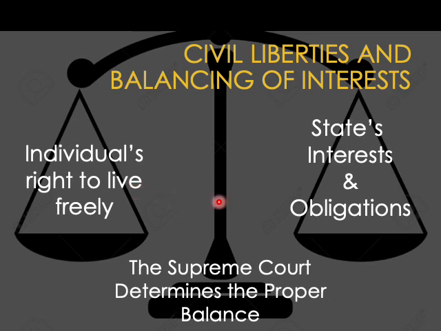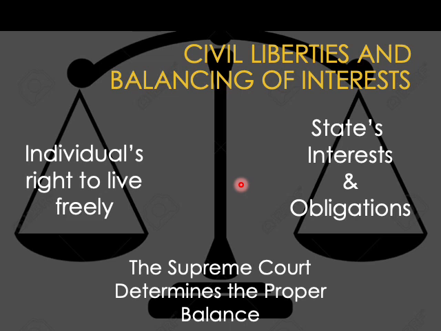And so civil liberties in a democratic society must be balanced against the role that the state plays in making sure that the state is able to do its job, okay? And so the state has to provide order and security for people. The state has to make sure that people are not being discriminated against, right? That there are obligations.